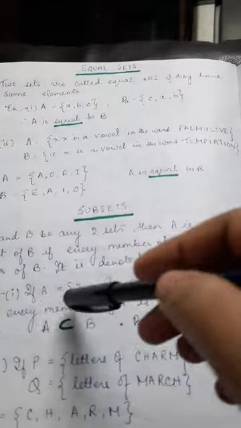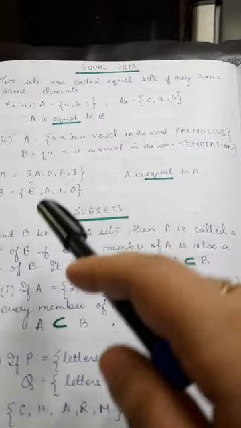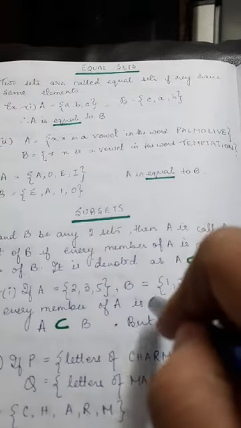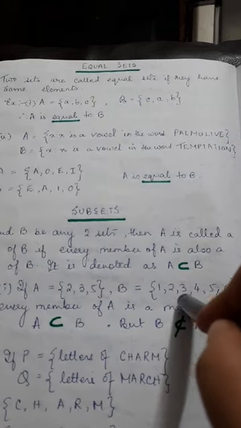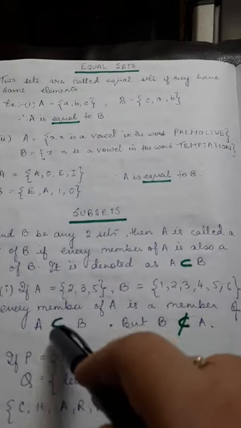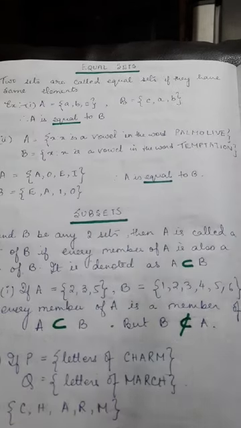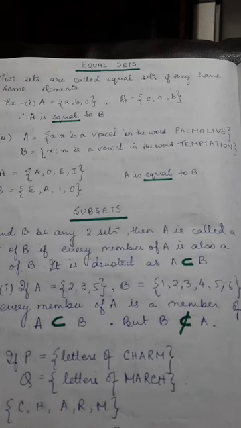If set A has 2, 3, 5 and B has 1, 2, 3, 4, 5, 6, then set A is a subset of B because all the members of set A belong to set B. So A is a subset of B and it is denoted by this sign. A part of another set is called a subset.